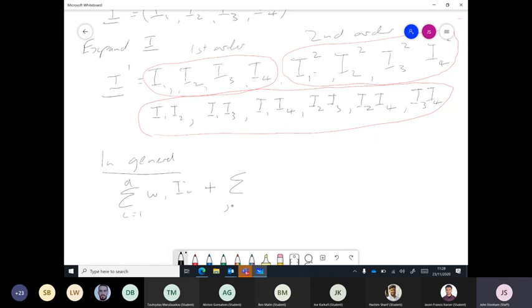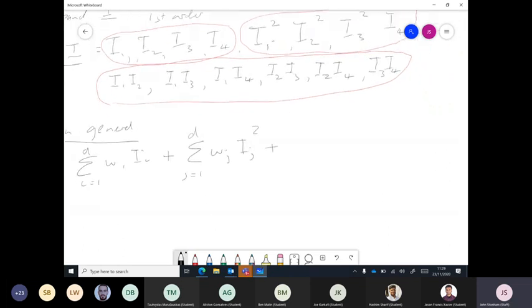Let's change the index to J equals 1 to D of Wj Ij squared. That will be the square terms. And then for the pairs of terms, we have the summation. And I'll use 2 more constants now. Let's have K equals 1 to L minus 1.